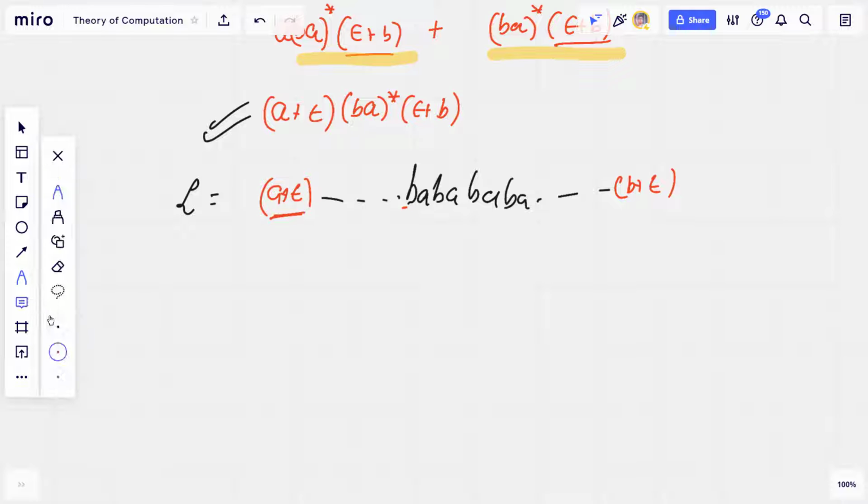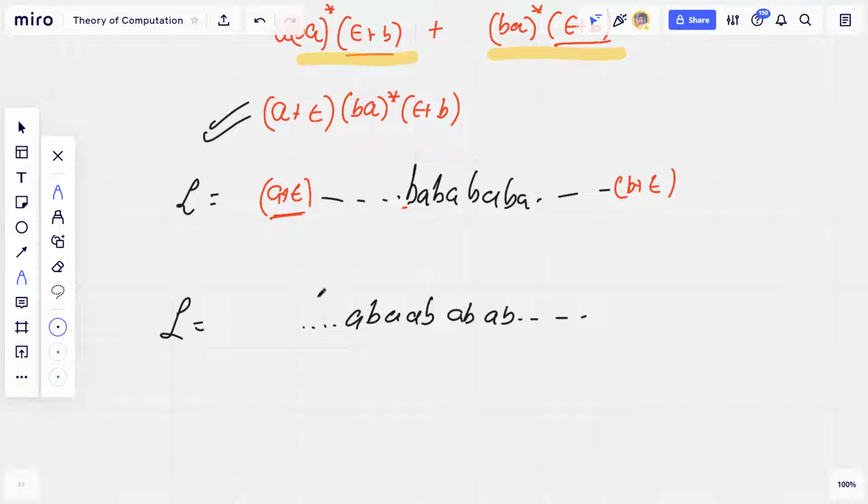Let me give you another example. This L can be thought of as many ABs. Not two A's together. It contains strings which contain any number of ABs, so this is AB.